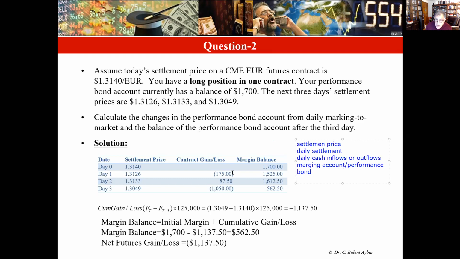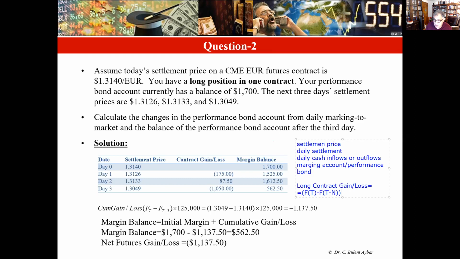So the gain or loss for a, let's say, long contract is given as F_T, which is the last contract price, minus F_(T-N), the price N days prior, times contract size.